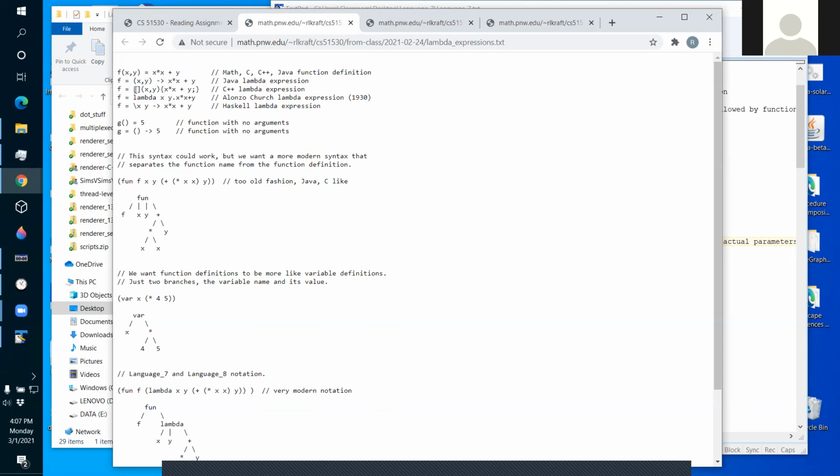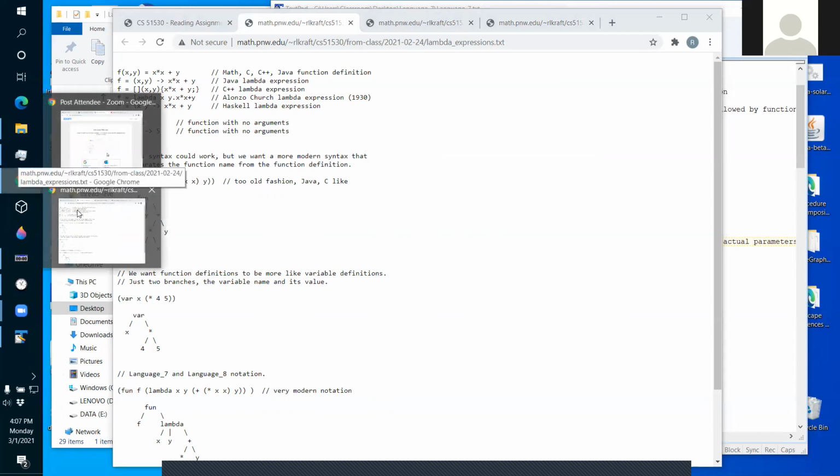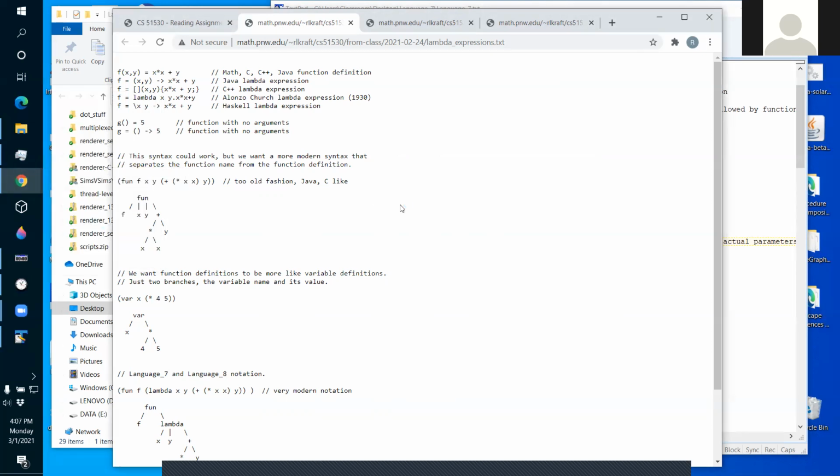They're called lambda expressions because Alonzo Church used the letter lambda on the right-hand side, meaning I'm beginning the definition of a function. Haskell uses a slash because that's the closest thing on the keyboard to the letter lambda. I think it's kind of cute the way they did that.